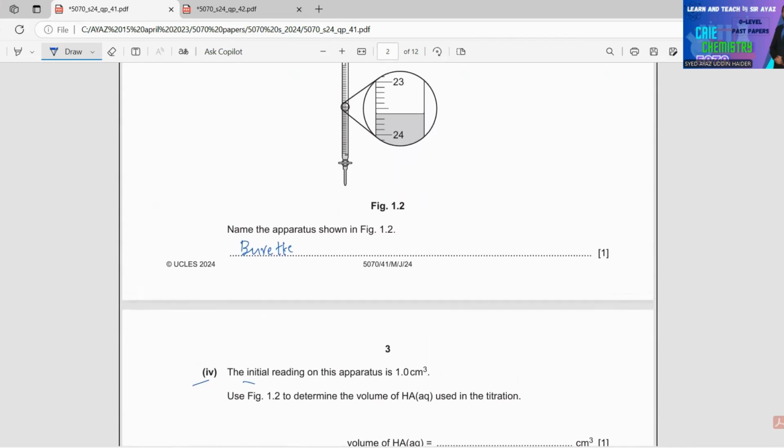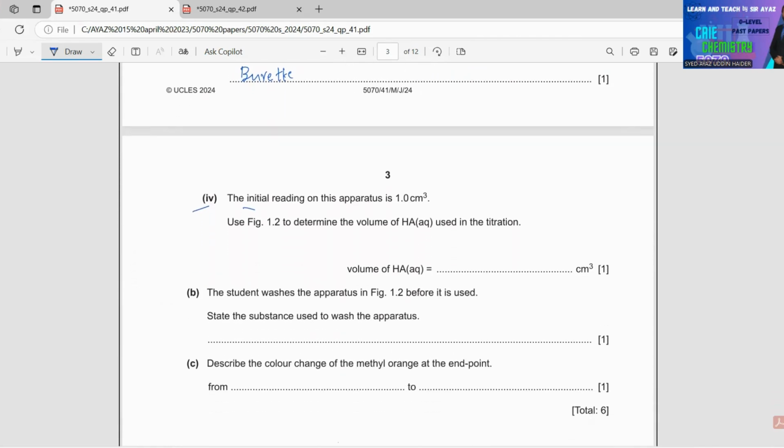If you look at this, you must be having 23. 1, 2, 3, 4, 5, 6. Must be 23.6.